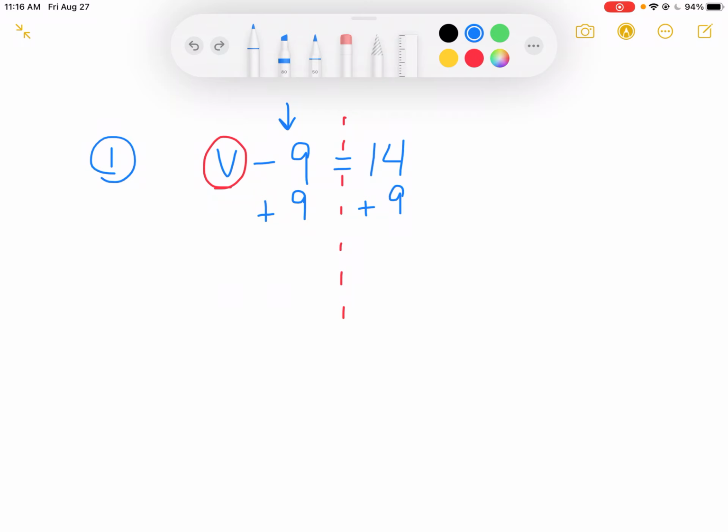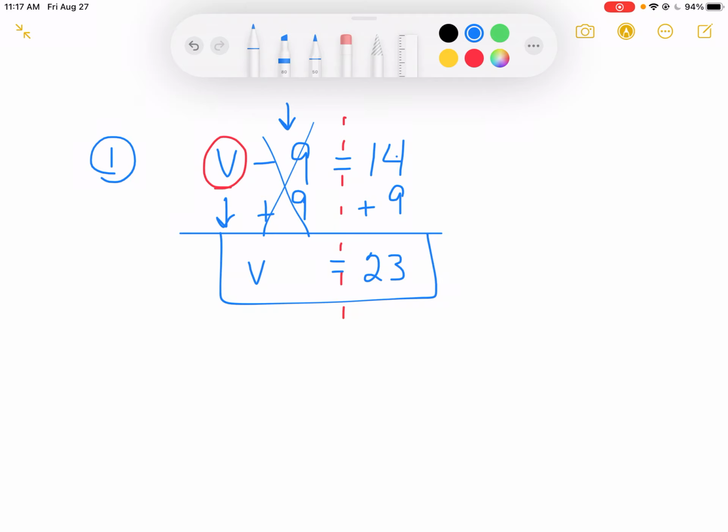So I'm adding 9 to both sides. Then I'm going to draw my line. The reason this works is because negative 9 and positive 9 add up to 0, which leaves me with v equals, and then 14 plus 9 is 23. So my answer is 23.